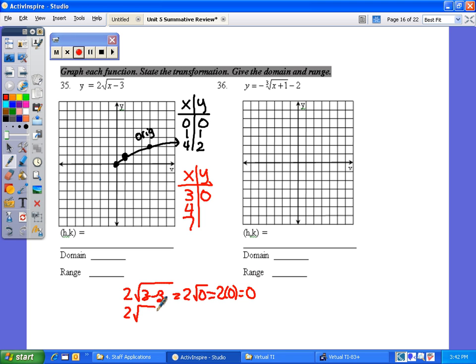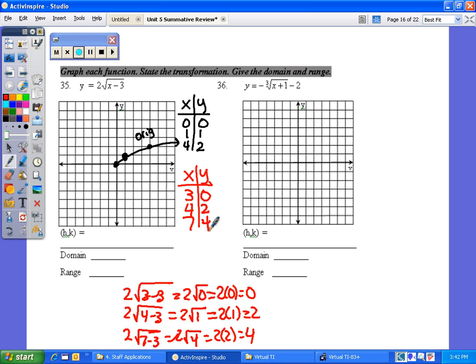Next one would be 2 times the square root of 4 minus 3. So that's 2 times the square root of 1, which is 2 times 1, which is 2. And the last one is 2 times the square root of 7 minus 3, 2 times the square root of 4, which is 2 times 2, which is 4.